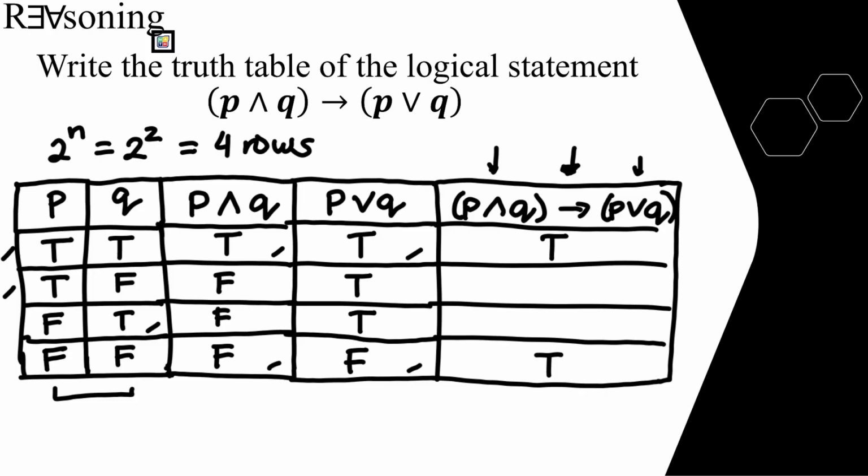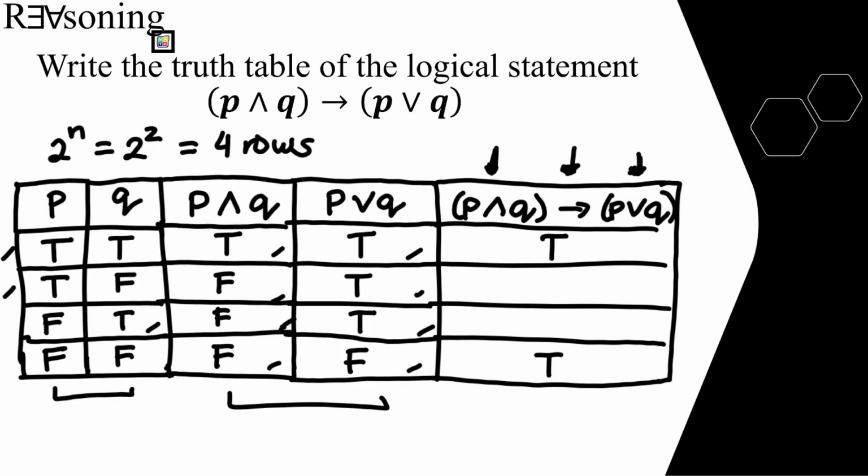Okay. Now, looking at the second and third rows, they have the same relationship. Looking at these two, we have false, true, and false, true. What would be the truth value for that? Take note that for a conditional statement, if the conclusion or the then statement is true, no matter what your hypothesis or first statement is, the entire if-then statement is automatically true.